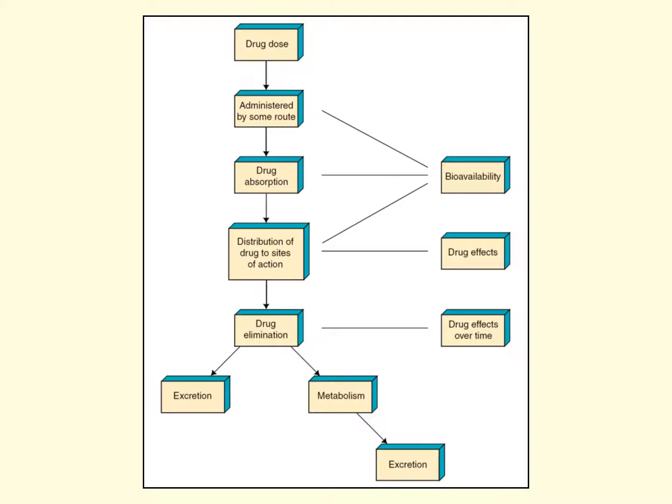It's a little more complicated than the material I presented, but the basic idea is to show, as I suggested earlier, a series of steps that take place whenever a drug is introduced into the body. It has to do with how the drug gets into the body, how quickly it can distribute throughout the body, and how quickly the body can get rid of it. These are all aspects of the pharmacokinetics of that particular drug. So hopefully this will be at least a little bit of a review, just looking at this image.